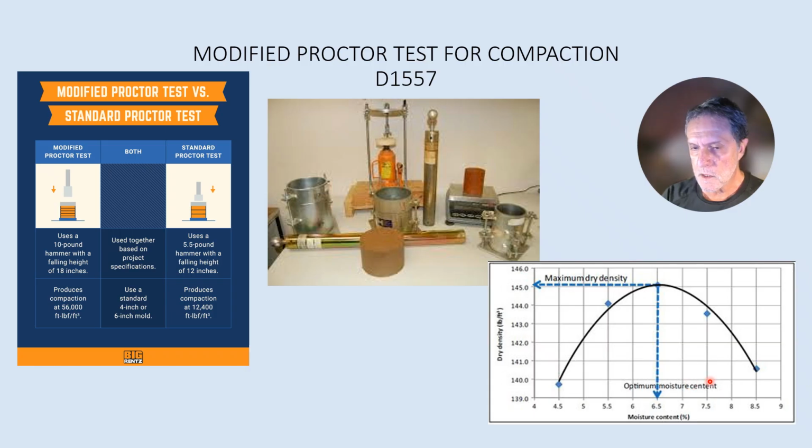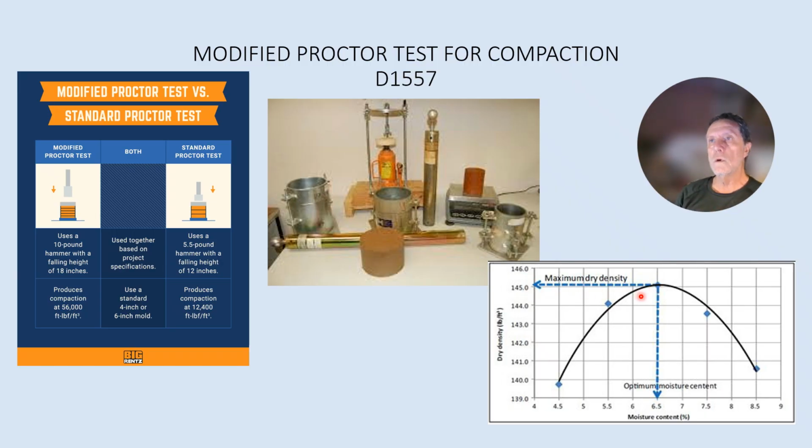If you add too much moisture, if you go up to 8.5% moisture, it's got a very low density of 142 or so pounds per cubic foot. But if you get the moisture just right, not too dry, not too wet, just right, that's where the soil will achieve its maximum density, way up here at 145.